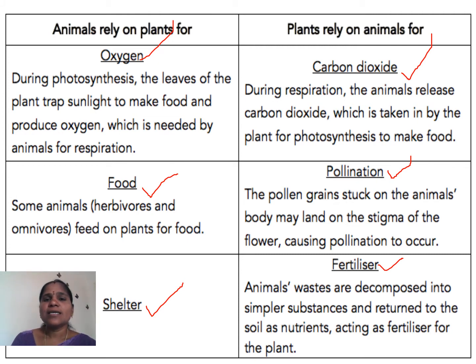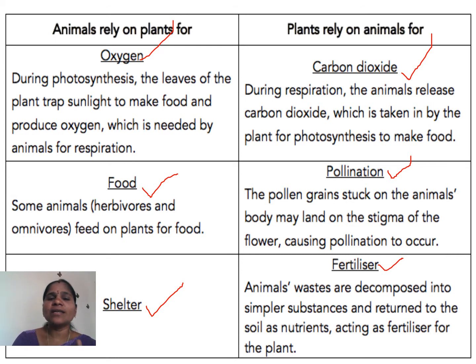So how are the plants reproducing? Some seeds are dispersed from one place to another through agents like wind and animals. Some plant seeds stick to animal bodies, and the animals move from one place to another.